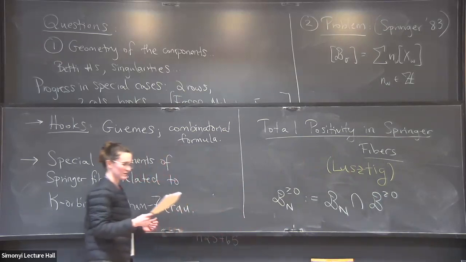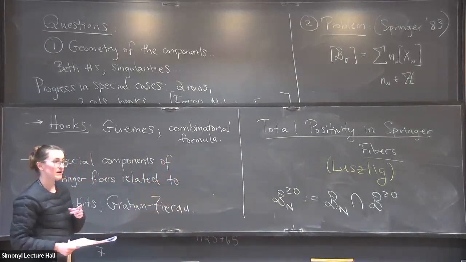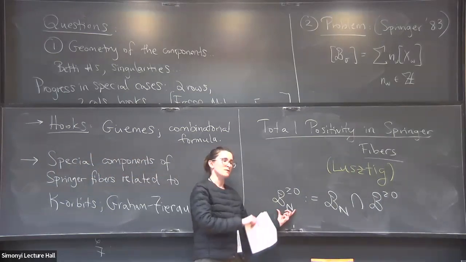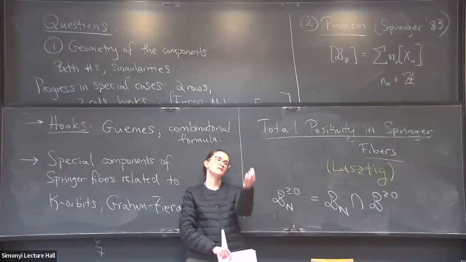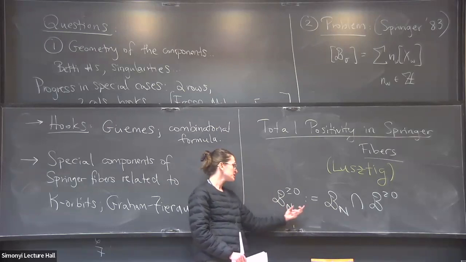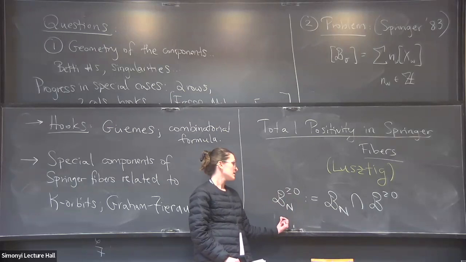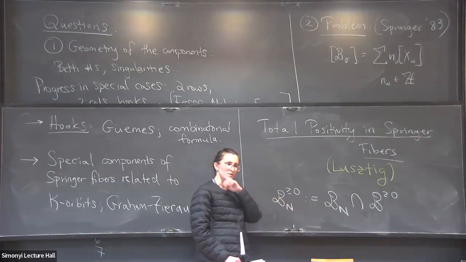You do a sub n versus a sub sigma. Sigma was the component of the Springer fiber. So this is a union over all standard tableaux of shape lambda of the components. And then this would be the whole Springer fiber.